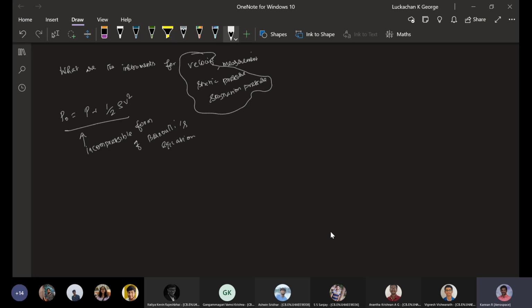We might also have studied dP by dZ equals minus rho g, which is basically the hydrostatic equation. Now using this, P naught is equal to P plus half rho V square, and this is your stagnation pressure.